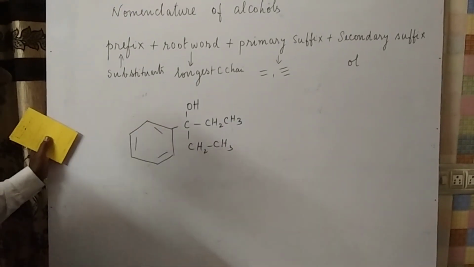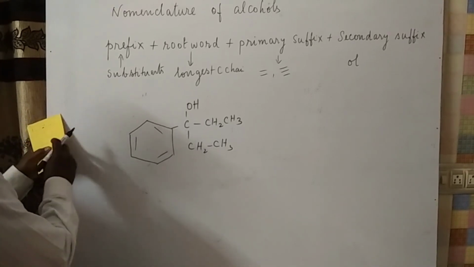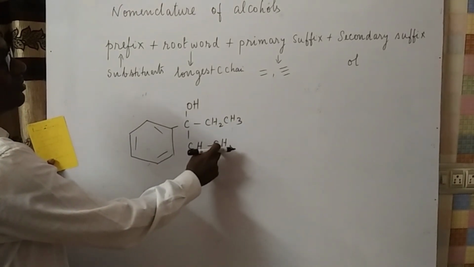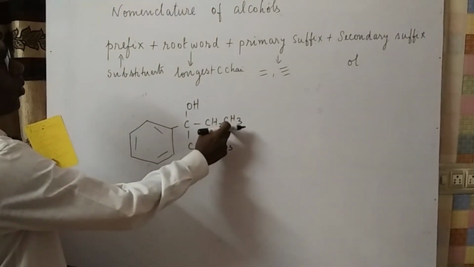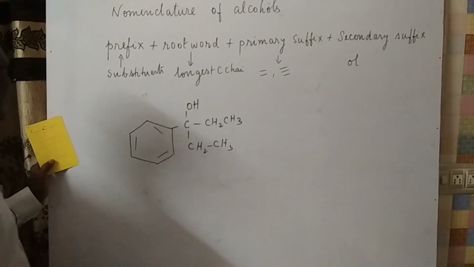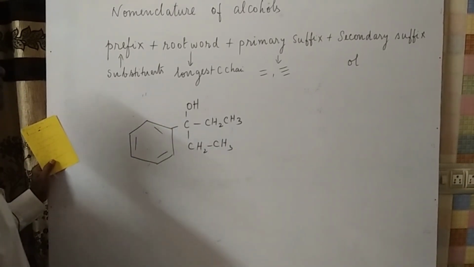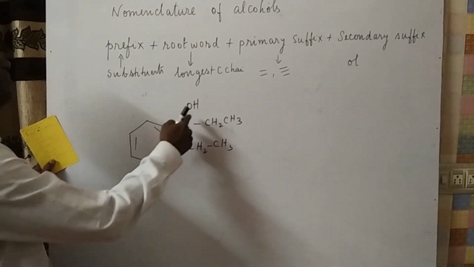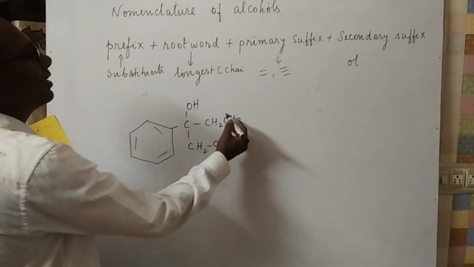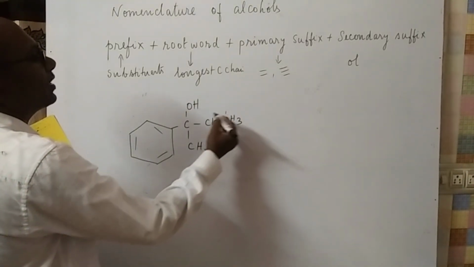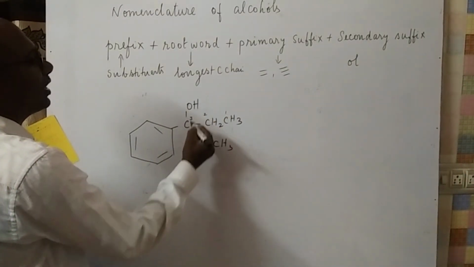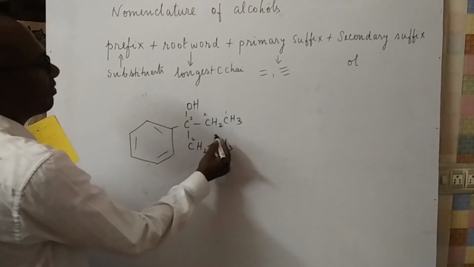This is another compound. First you find the longest chain, 1, 2, 3, 4, 5. Then number the chain so that the functional group gets the least numbered carbon. So 1, 2, 3, 4, 5.